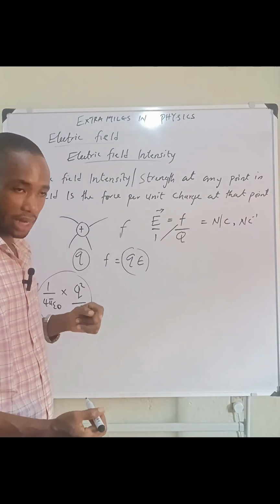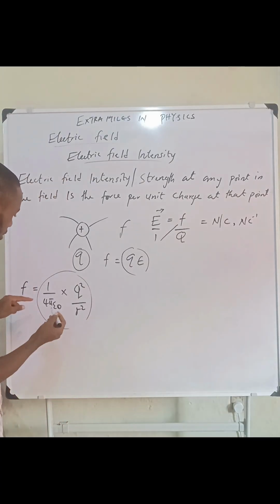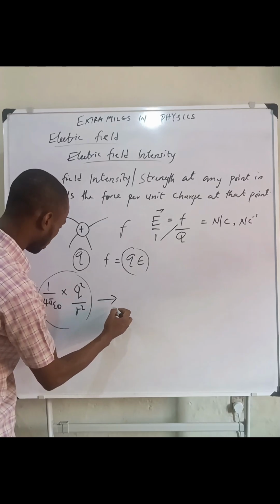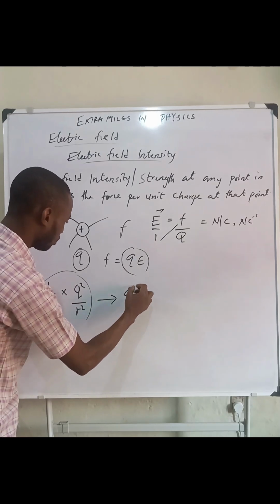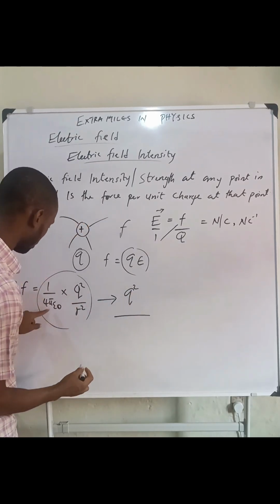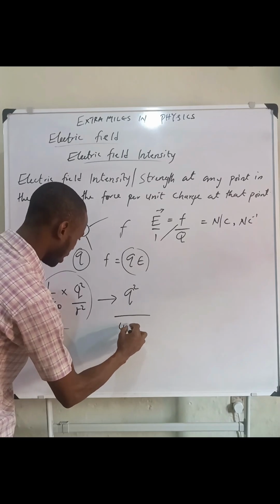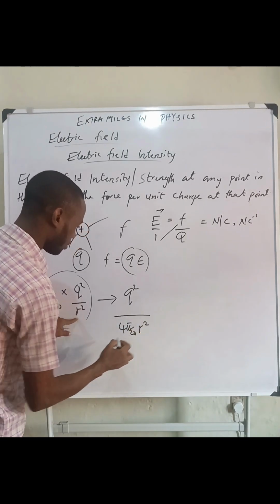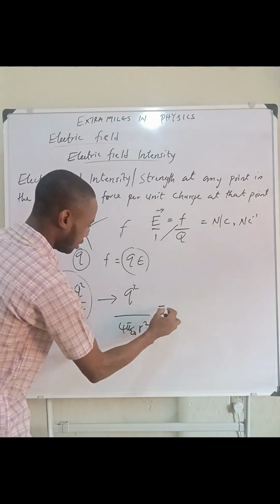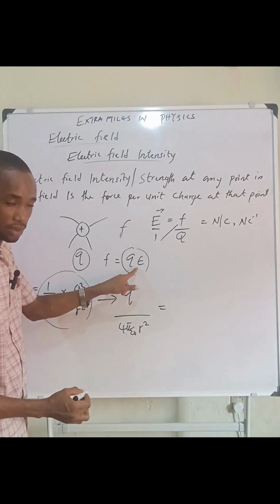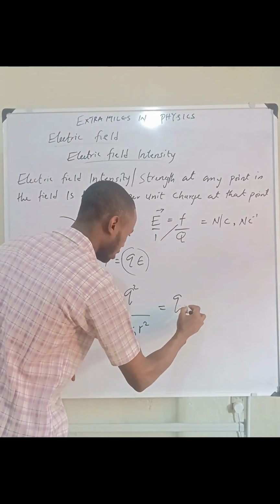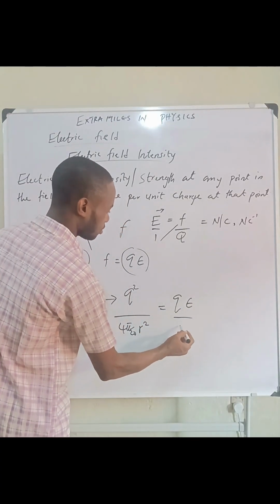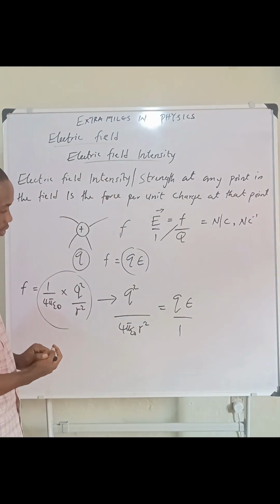Let's see what we can have. Meanwhile, let me multiply this. We can have Q squared over 4 pi epsilon naught R squared equals, then force is equal to this, right? So we have our charge multiplied by E, which automatically is over 1. Then what else can we do?